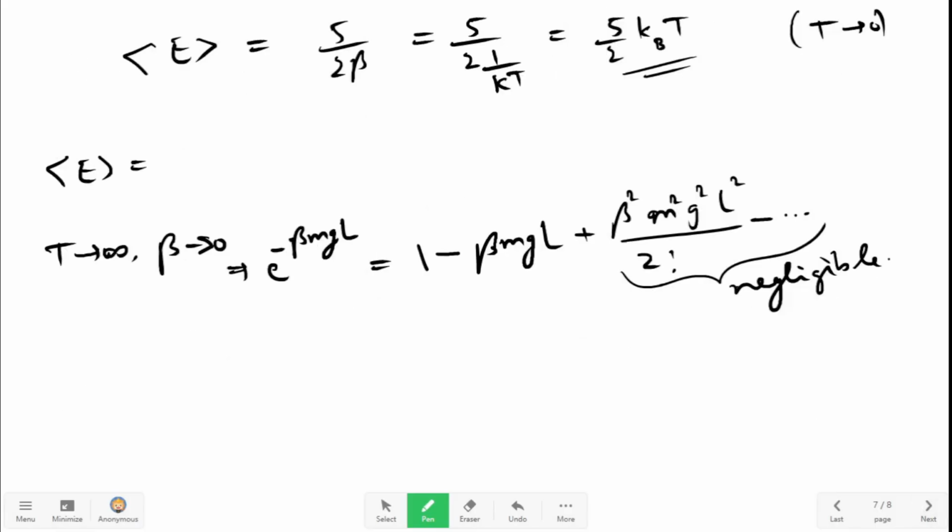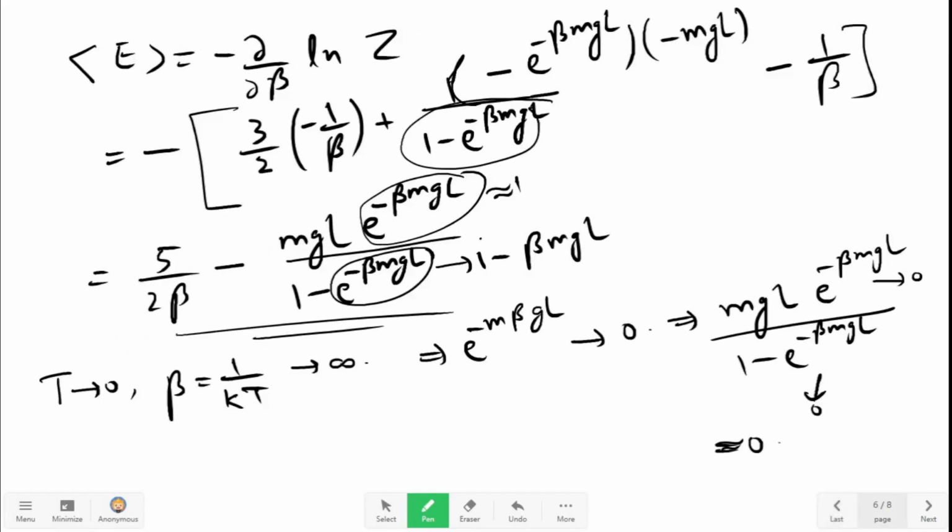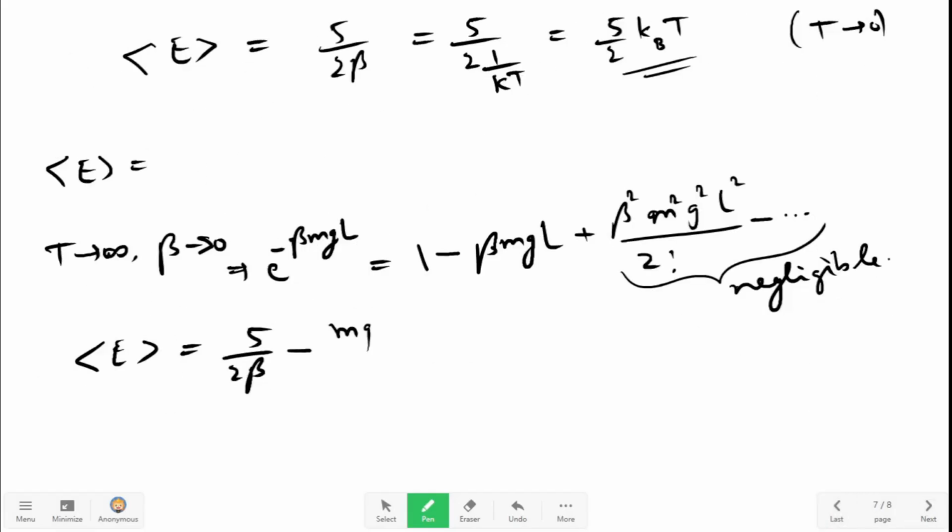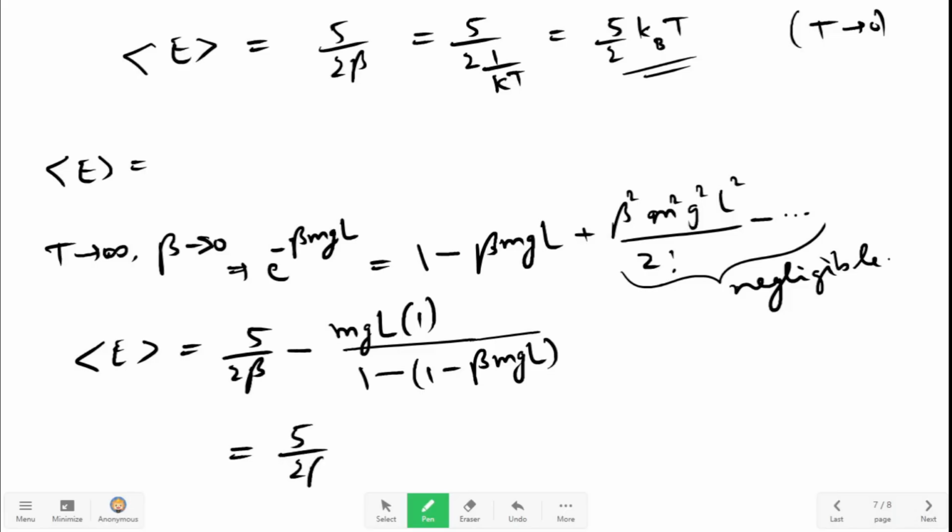Then we will get the average energy is equal to 5/(2β) minus mgl into 1 divided by 1 minus βmgl. This is equal to 5/(2β) minus mgl divided by βmgl.